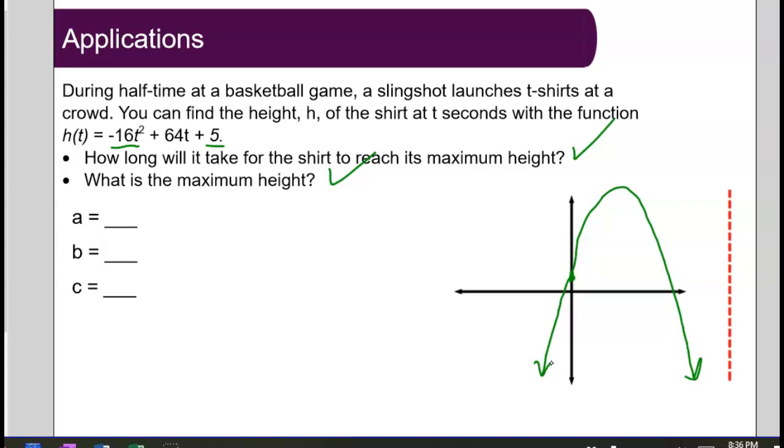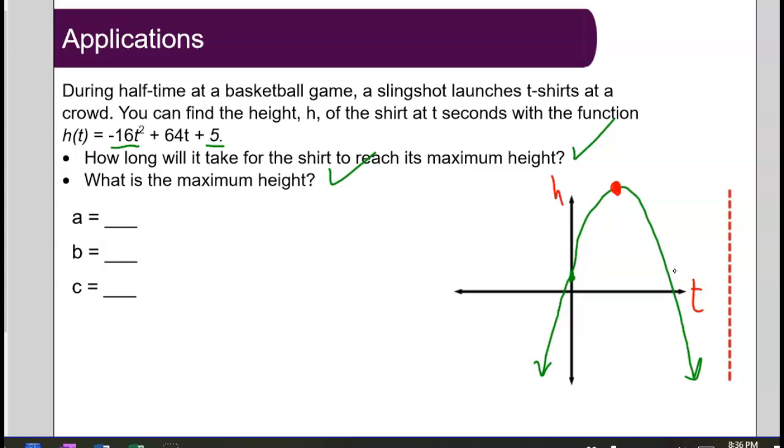All right, let's see if you can figure out how long it will take for the shirt to reach its maximum height, and what the maximum height is. Think about what part of the parabola you need to figure out. If you thought, I need to find the vertex of this parabola, because that will tell me its maximum height, since my y-axis is the height, and if I can find the x-coordinate of my vertex, the x-axis represents the time in this problem, then I would find out how long it takes to get there.